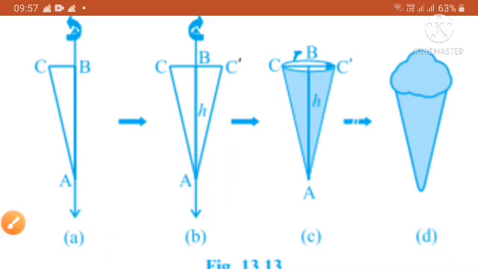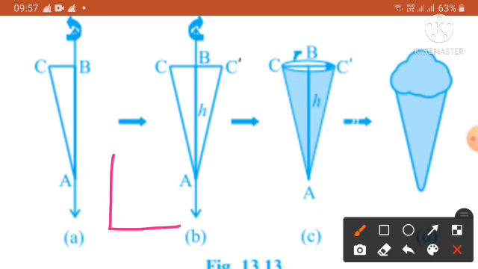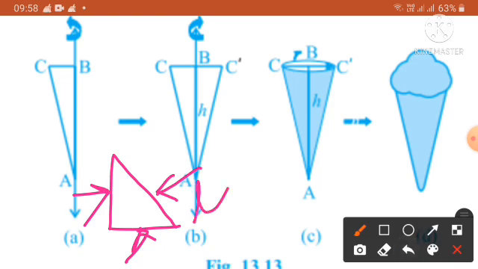So now if I take a right angle triangle, it will have height, base, and the hypotenuse will be known as the slant height. Height will be h, the base will be r and slant height will be l.